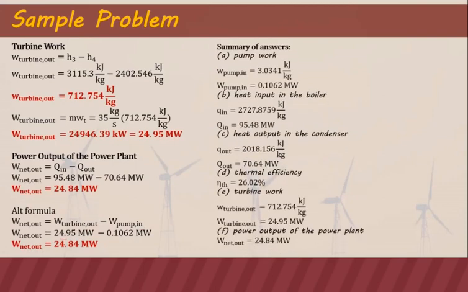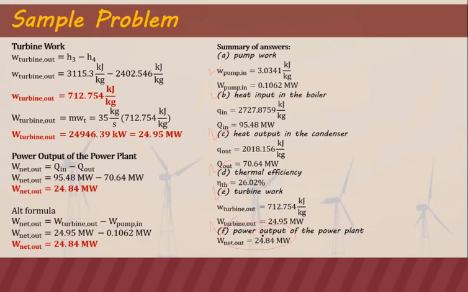So the summary of our answers. The pump work is 3.0341 kilojoules per kilogram. Then we also have heat input in the boiler, heat output in the condenser, thermal efficiency, turbine work, and then the power output of the power plant, which is 24.84 megawatts. Take note that for this 24.84 megawatts, there's still generation loss in the generator and then distribution loss in the transformer.